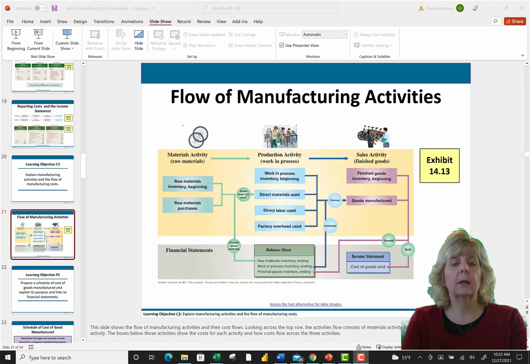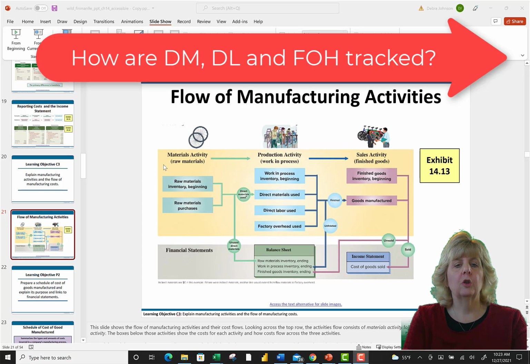The 3 product costs are direct materials, direct labor, and factory overhead. Direct materials are born when the raw materials are dropped off at the manufacturing facility.